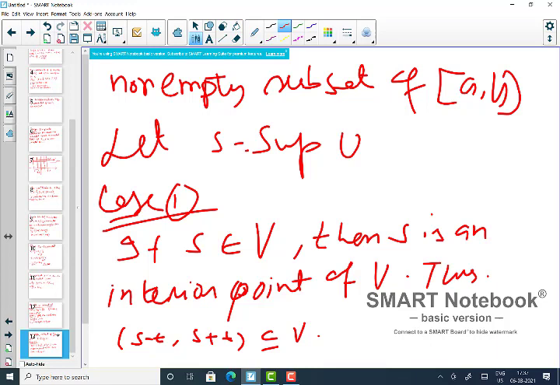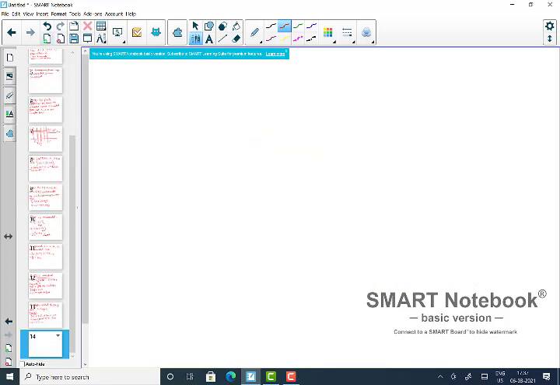What I am assuming is that S is inside V. So there are two things that can happen. S can be equal to B also, or S can be in between, less than B also. But in any case, you will have this kind of issue, right? But then it will violate the supremum property, the LUB property of that, right?